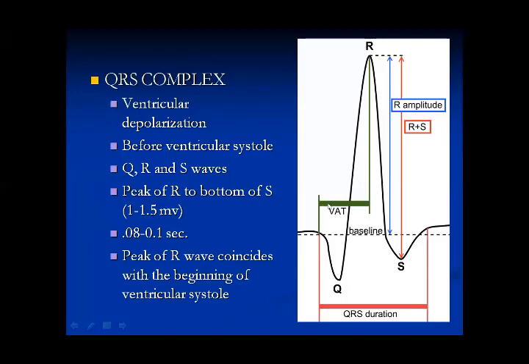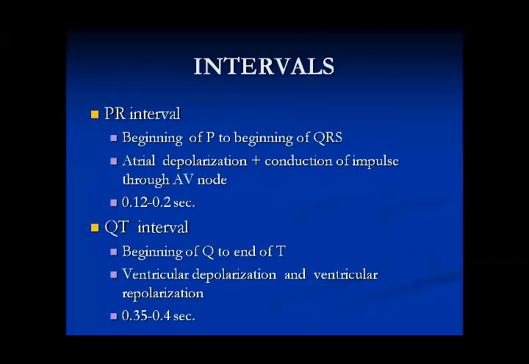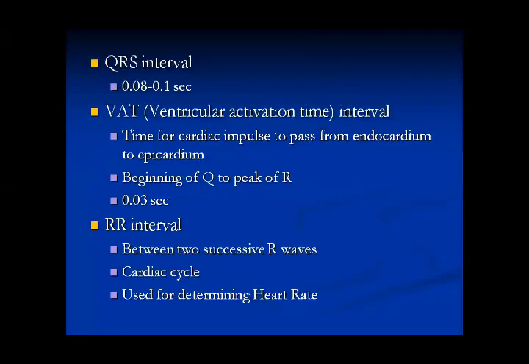This is again not given in the Guyton, this ventricular activation time interval, and this QRS interval is again not given in the Guyton. In the Guyton, it is just given as QRS complex, right? So can we label it as an interval as well?